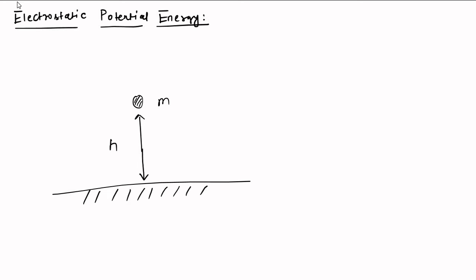Here the potential energy of this mass is given by the formula mgh: mass, acceleration due to gravity, which is 9.8 meter per second square, and then the height. This is the gravitational potential energy, or simply it is also called gravitational energy.